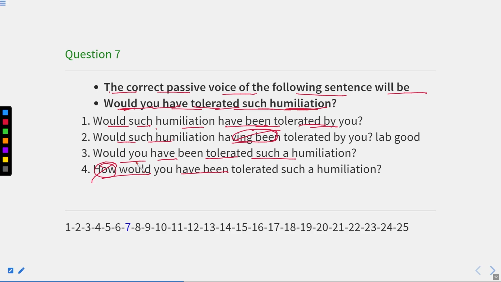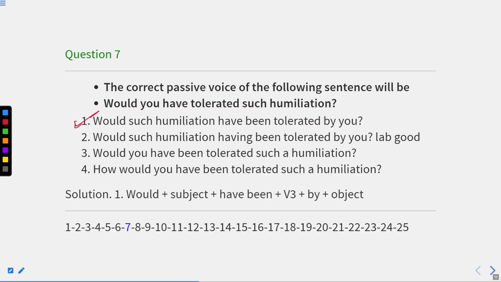And if you see the third one, would you have been tolerated such a humiliation, or would such humiliation have been tolerated? Obviously here we need the passive voice structure, so we need the object prior to the subject.